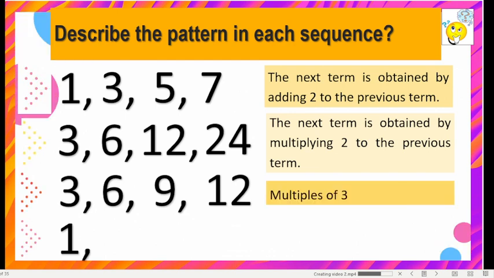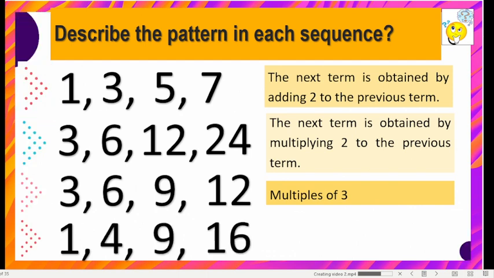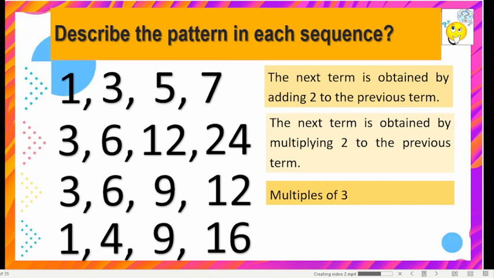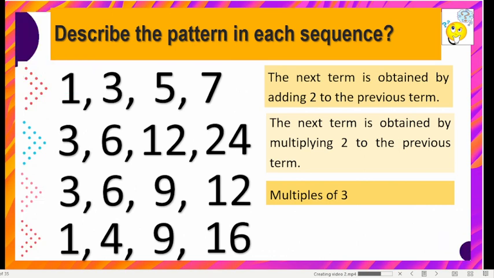We have 1, 4, 9, 16. Can you guess the next term? Exactly. The answer is 25 because this set of numbers is called perfect squares.